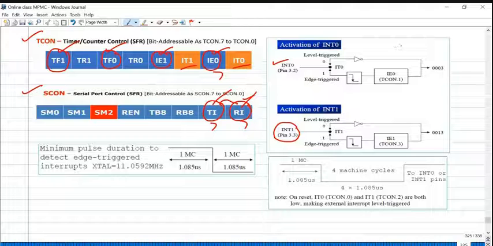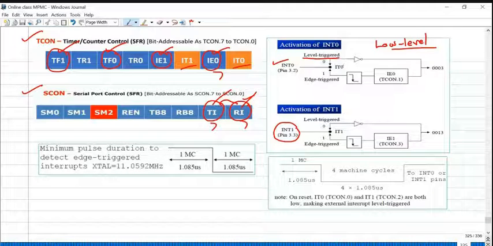On reset, once you reset your microcontroller, by default these interrupts are level triggered only. Particularly low level trigger. Please remember this, low level trigger in ordinary condition. This is by default.